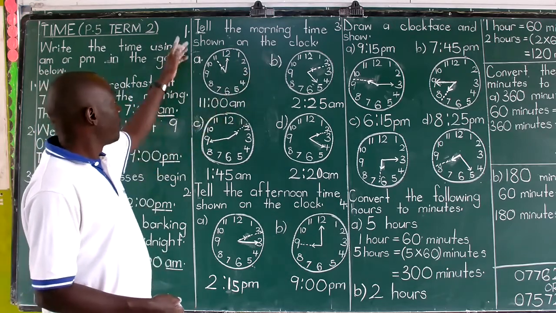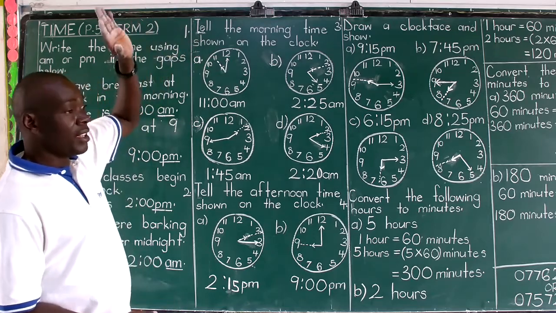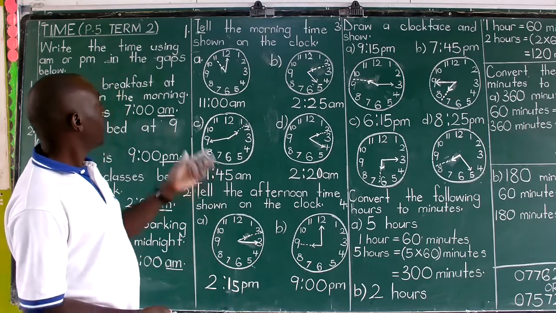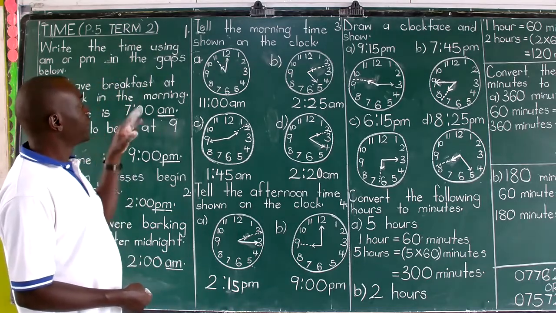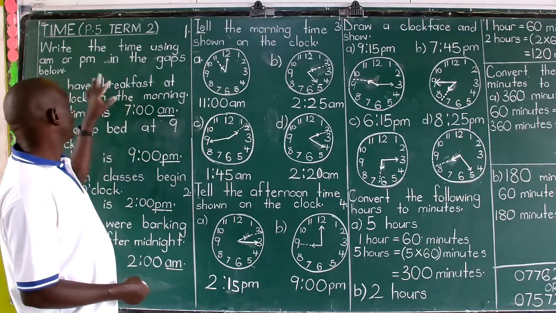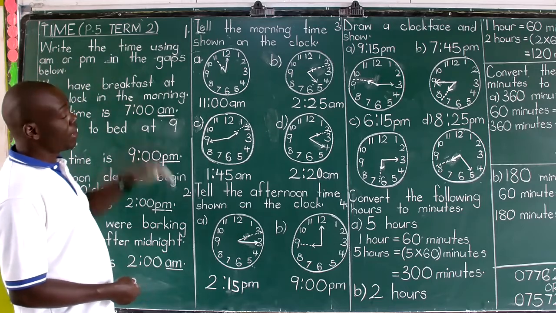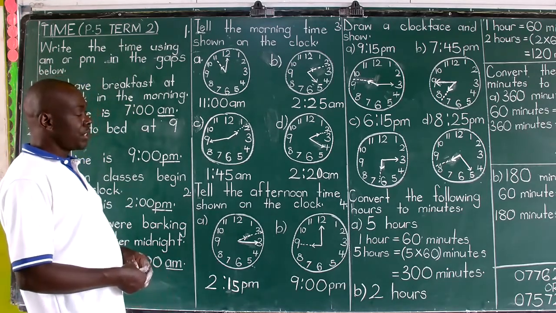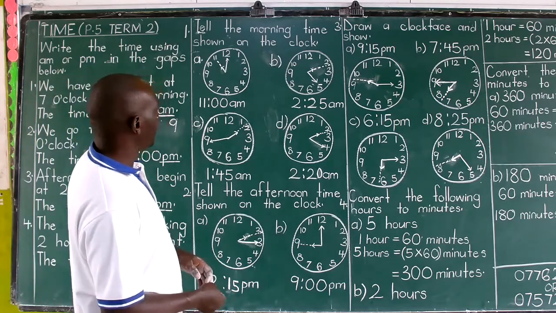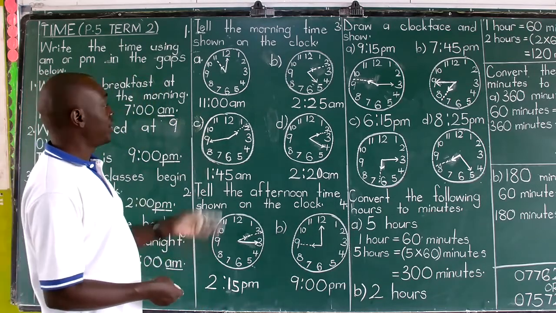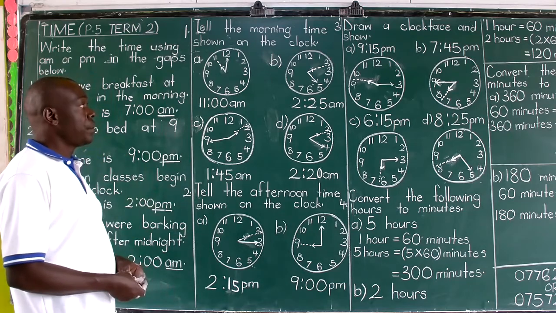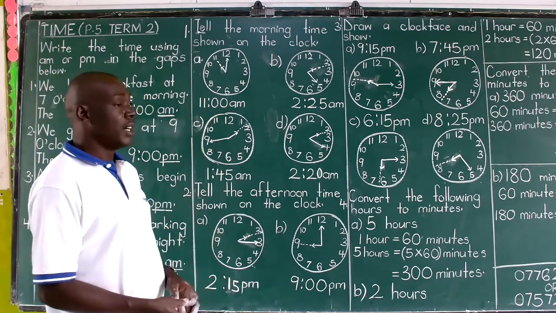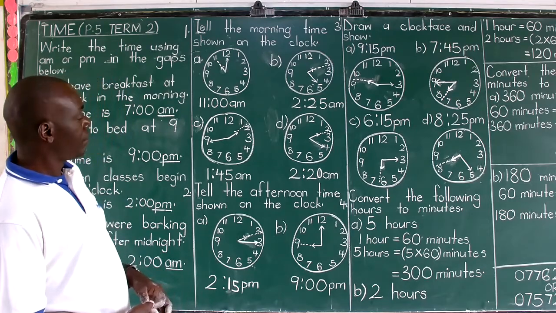But from there, we use to the next hour, like we learned in P4 and 3. But now, having that information, we add it on to the AM and PM, where AM is in the morning and PM is after the noon as well as the evening. So that's why we are dealing with this AM and PM.